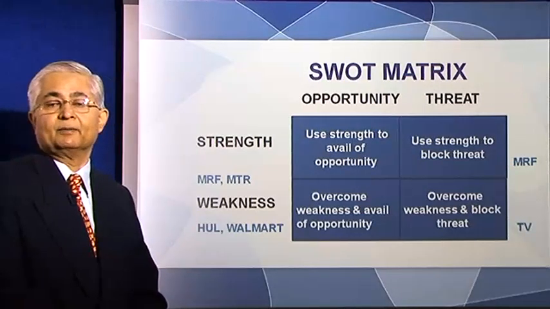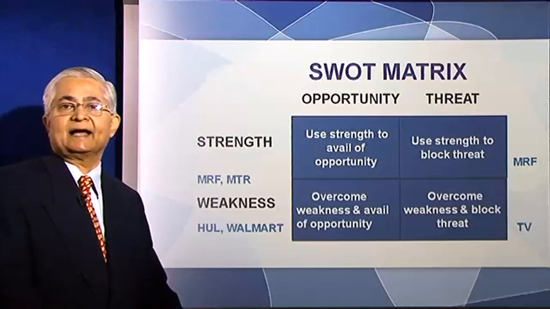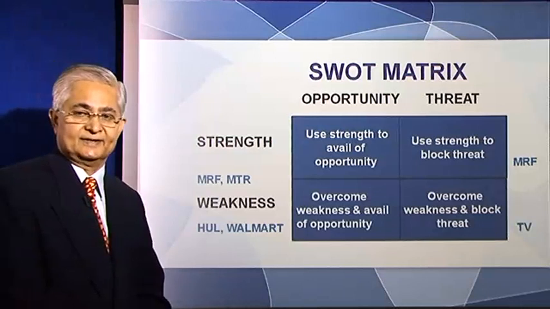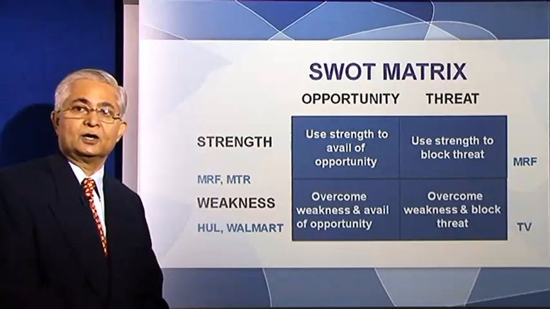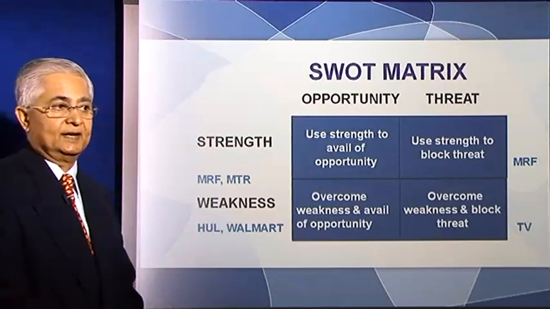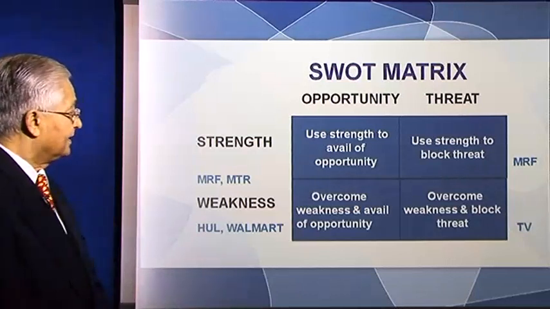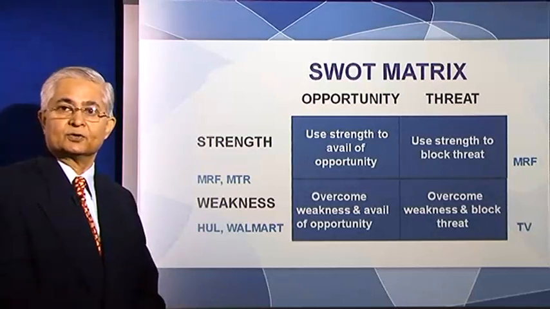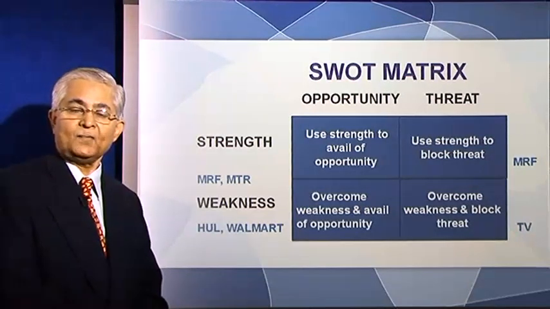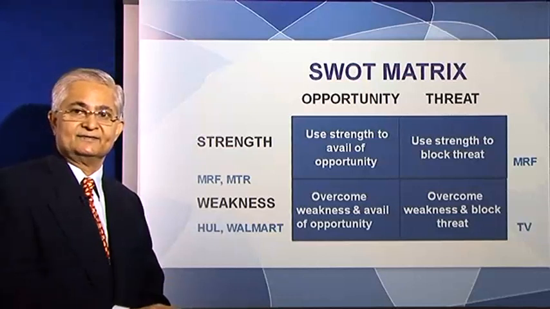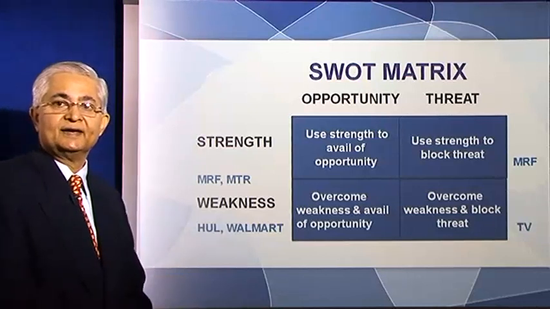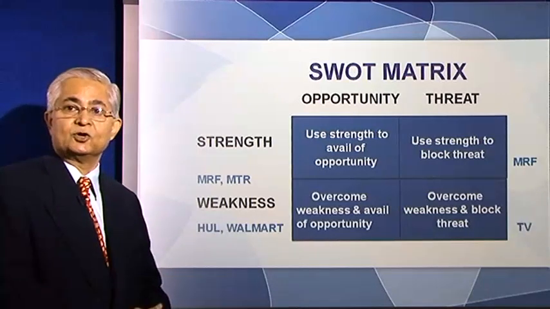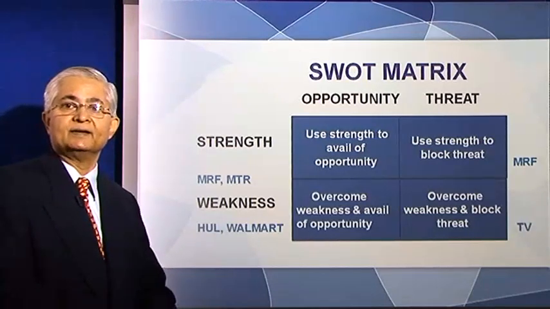It has probably lakhs and lakhs of dealers all across the country in the urban areas, in large towns and small towns. Now, as when Hindustan Lever found that the rural market was growing in India, in order to utilize this opportunity, it had to overcome its weakness that it did not have a distribution set up in the rural areas.